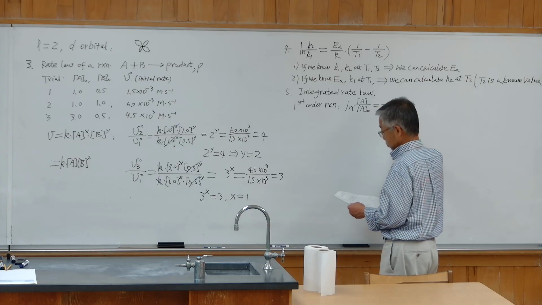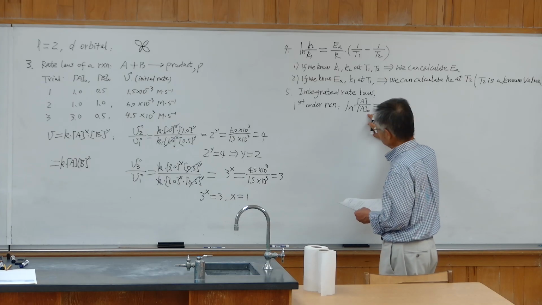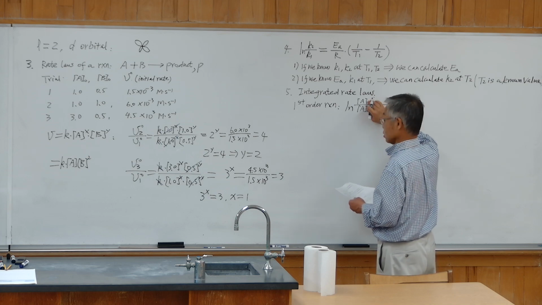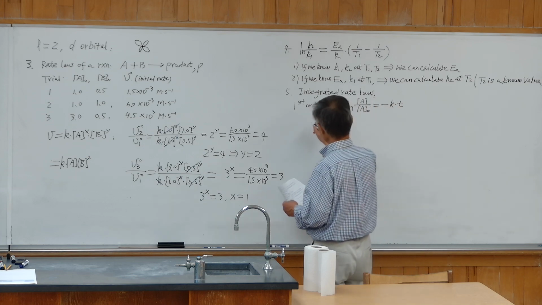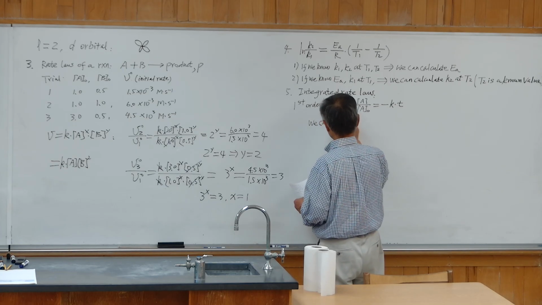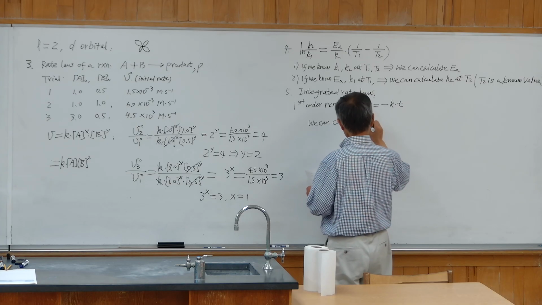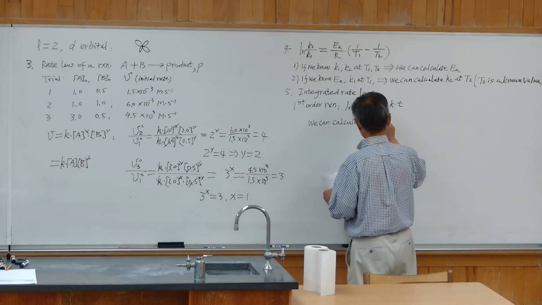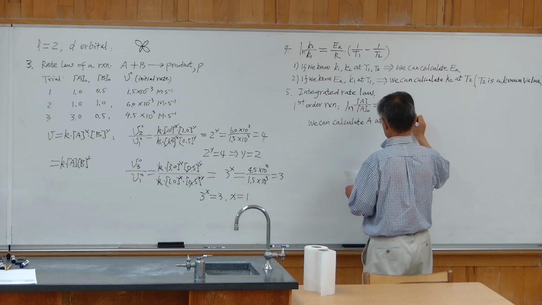T is time in seconds. A0 is the initial concentration of reactant. A is the reactant concentration at the time T. So using this integrated rate law, we can calculate A at the time T.